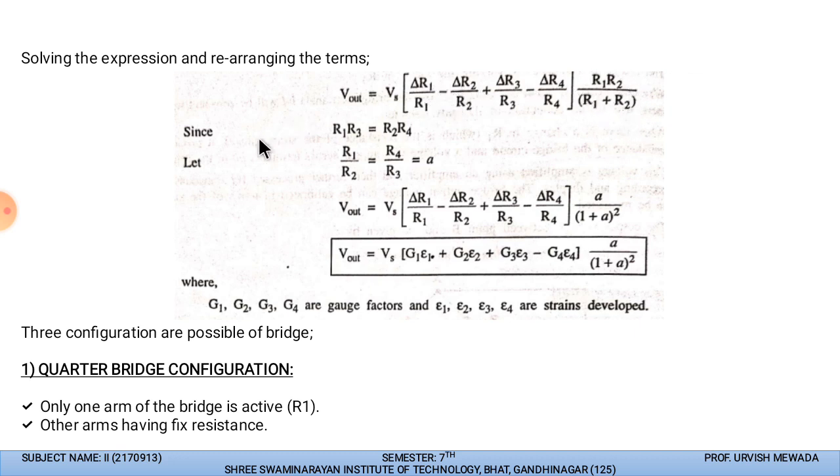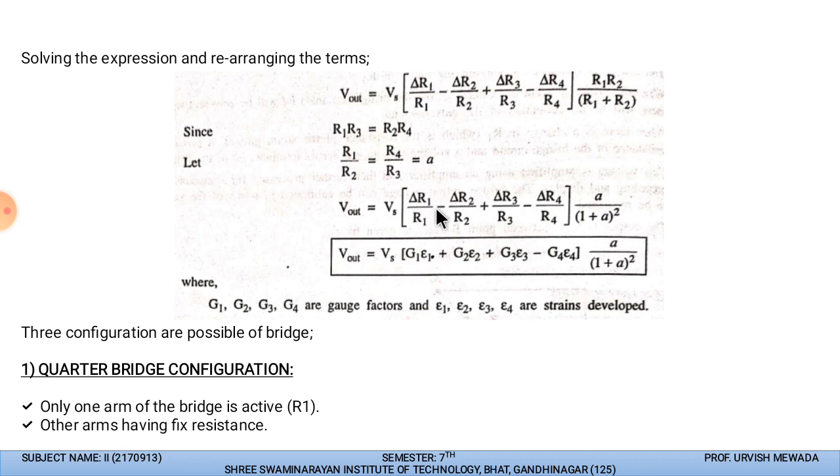Since R1 into R3 is equal to R2 into R4 when the bridge is balanced, R1 by R2 is equal to R4 by R3, which is equal to A. So V out is equal to this, where we are replacing it by A, so A by (1 plus A) squared. This is nothing but the equation of gauge factor and strain applied.